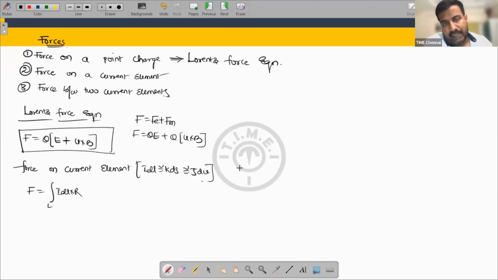Basically, this is a magnetic force, which is Q into U cross B. So take the differentiation of this.